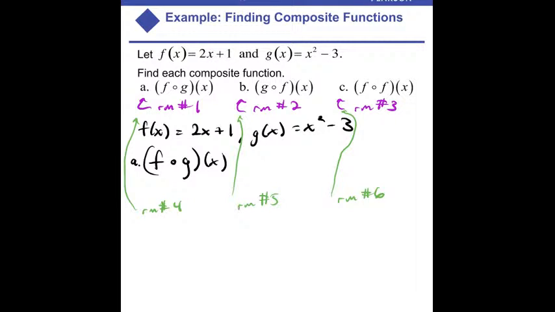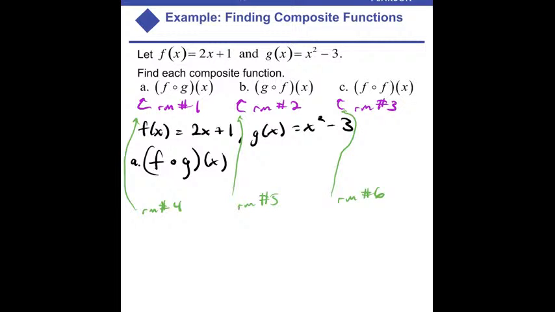Just do the best you can. So like, go ahead. So we take x squared minus 3 times 2x plus 1 and simplify it? No, it's not multiplication. It's the second function inside the first function. So you take the function g, which is x squared minus 3, and replace all the x's with the function f, right? So you're going to have to use parentheses.